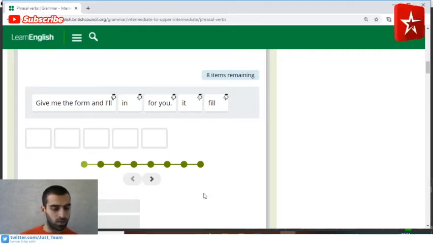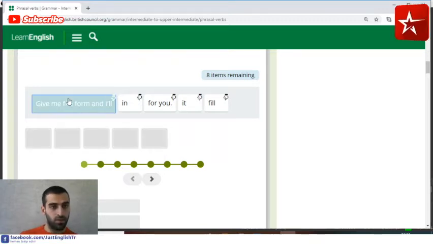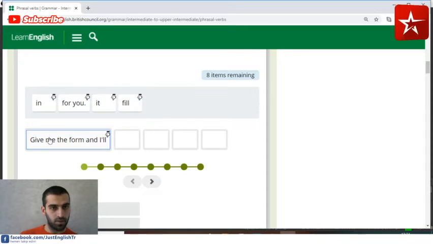Okay, go back to the comments. Let me check your answers for this one. Ayşe says, okay teacher, thank you. Tuba Selam says, give me the form and I will fill it for you. Azmi says, fill it for you. Okay, give me the form, and this is the first.